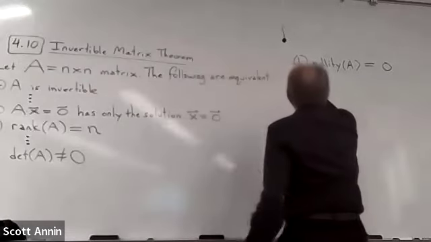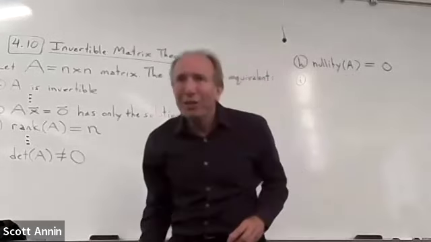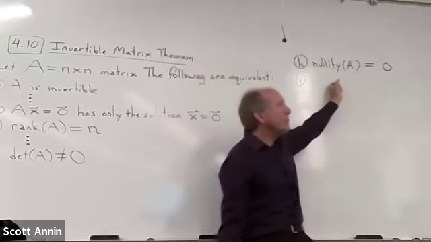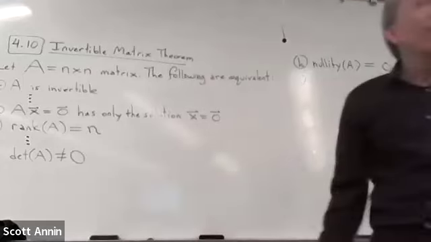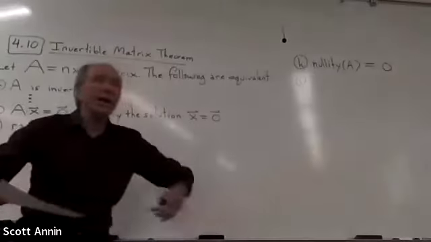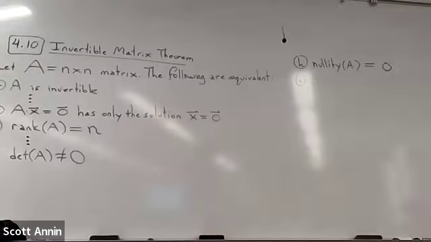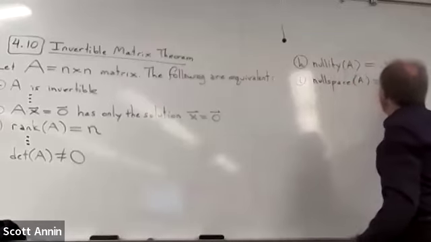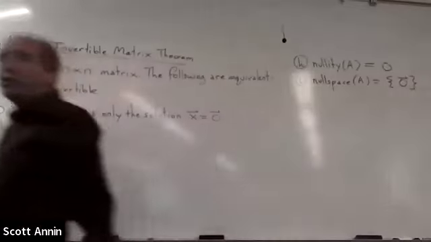I don't know if I've ever talked about what it means for something to be 0-dimensional. After all, this word just means the dimension of the null space. If something is 0-dimensional, it basically means that it is 0. It doesn't have any basis of any substance to it. There's no basis vectors you can make, so you really don't have a space there, right? So the next item is sort of speaking to that, and it just says if you have an invertible matrix, the null space of that matrix is literally just the 0 vector.